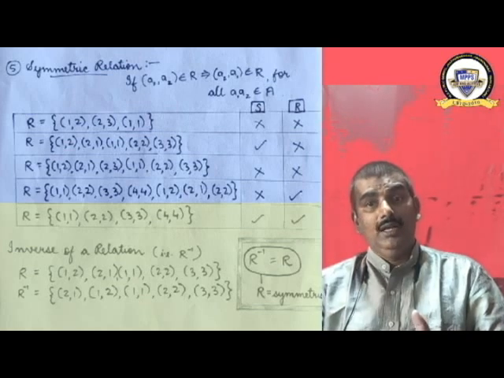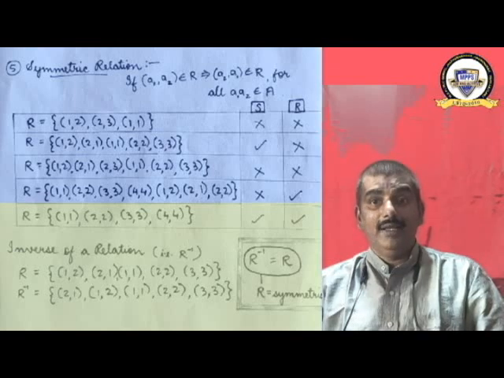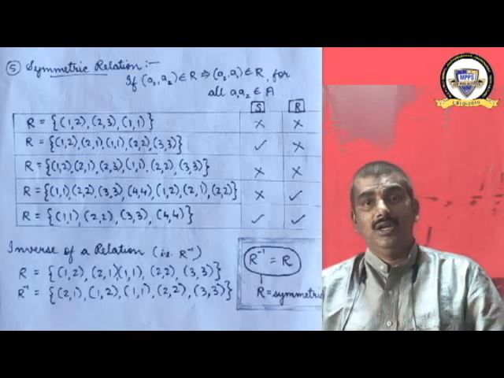There for 2 3, if you write the inverse, then 3 2 also must be there, no? That is why it is not symmetric. So here you are very confirmed about symmetric relation, I think. Then we will go ahead. You can revise these topics once more after noting the things in your copy. And if you have any doubts, you can contact me.